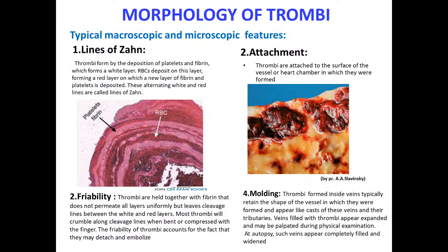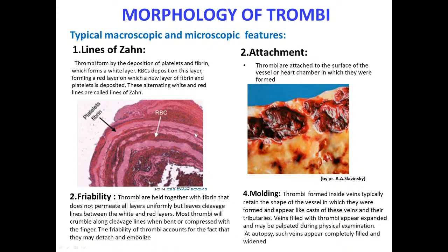Typical macroscopic and microscopic features are the lines of Zahn. Thrombi form by deposition of platelets and fibrin, which form a white layer.